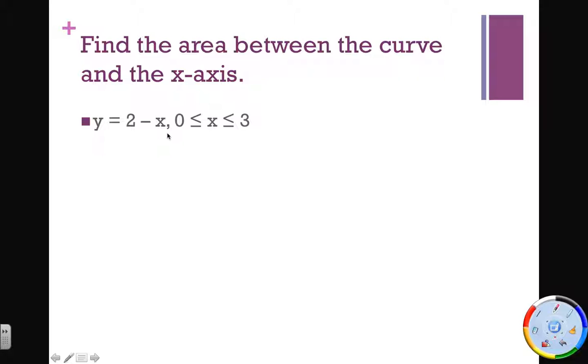You're right, but we call all functions curves, even straight lines. So what I want to point out here for y equals 2 minus x from 0 to 3, it's basically asking this. This is the question here. Find the area between the curve and the x-axis.